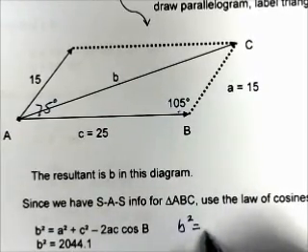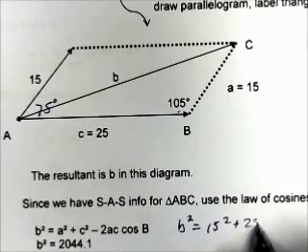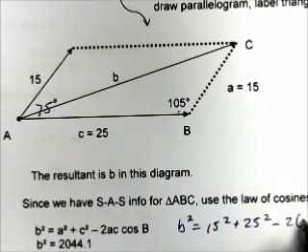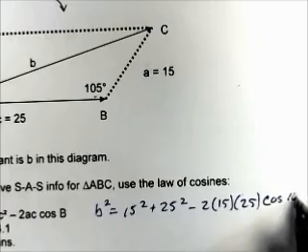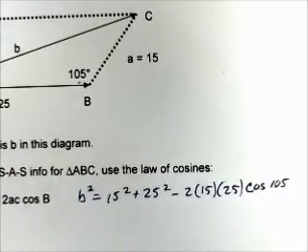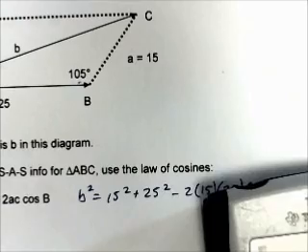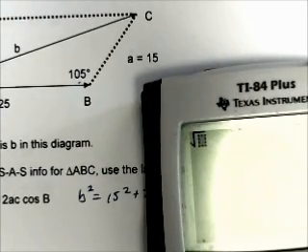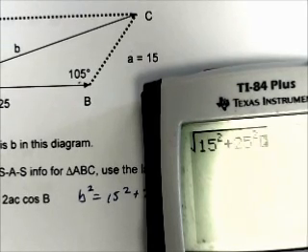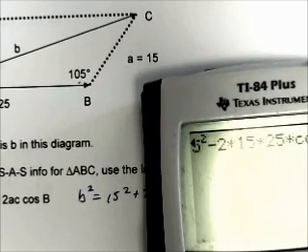So b squared is equal to 15 squared plus 25 squared minus twice the product times the cosine of 105. Then we would go to the calculator and key in the square root of 15 squared plus 25 squared minus 2 times 15 times 25 times the cosine of 105.